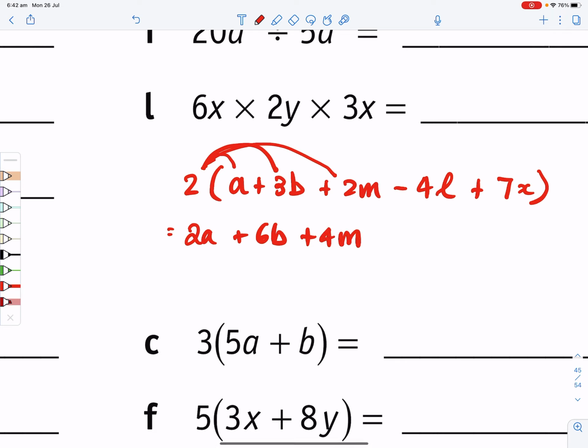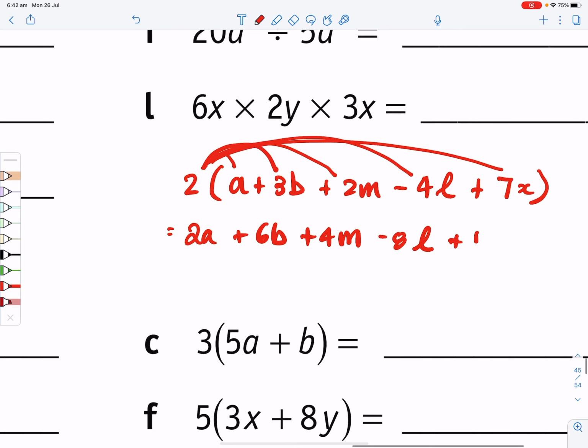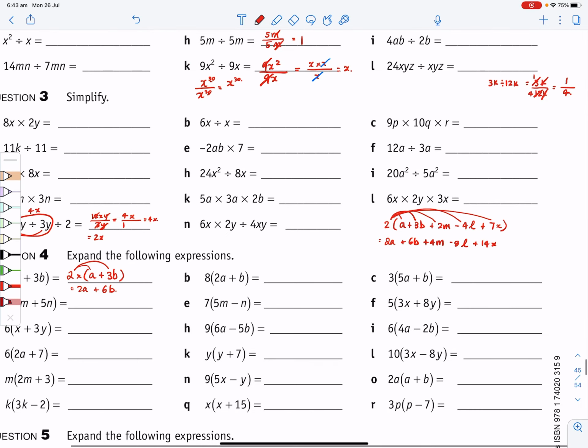Next one, 2 times minus 4L. Now what's 2 times minus 4? It's minus 8. So minus 8L. Next one, 2 times 7x is 14x. Okay, and you're finished. So I think you get the idea now.